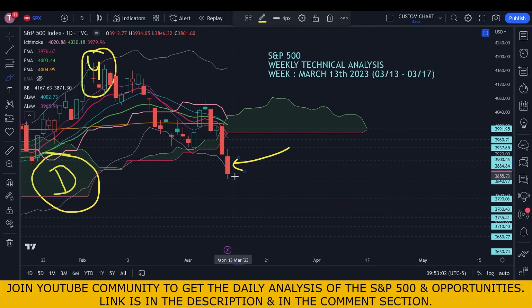However, on Monday we can expect that the movement of the S&P 500 will be limited to 3790, because if it reaches 3790, it will fail these two conditions. Number one, it must spend 1, 2 or 3 days around the zone 3840 to 3790.